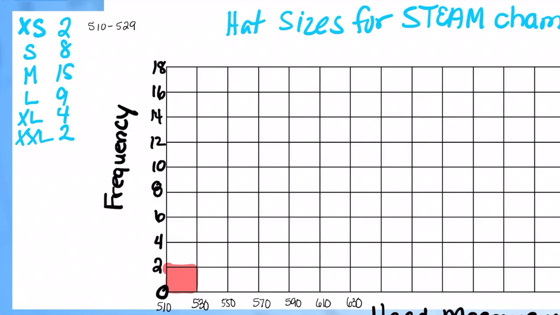So let's do the next one. I'm going to have them in different alternating colors. The next size went up to 8. You can see I just make another tower that goes up to 8. My next size is 15, so I have to go halfway.